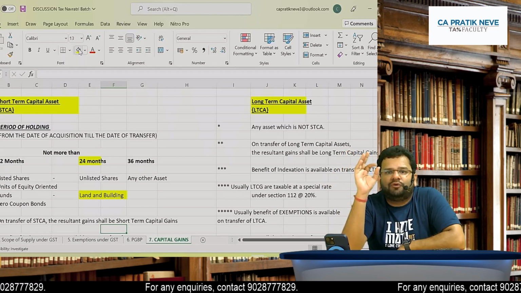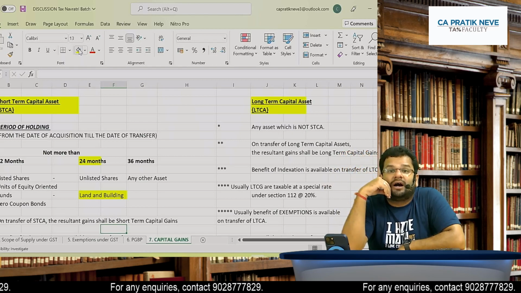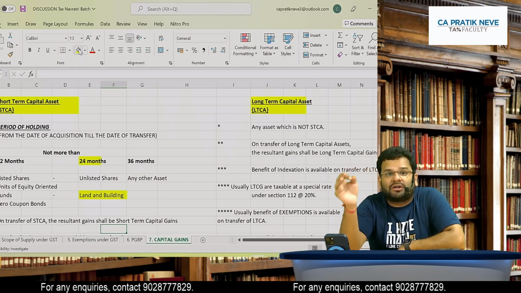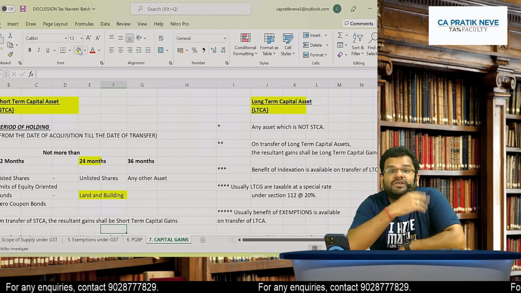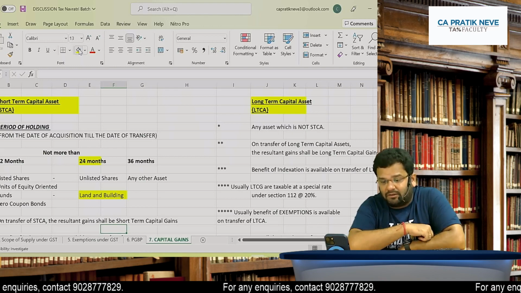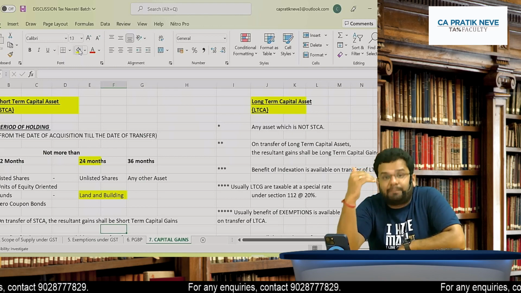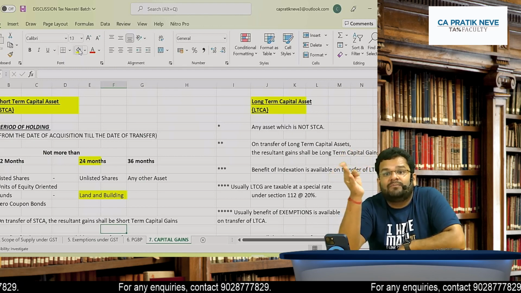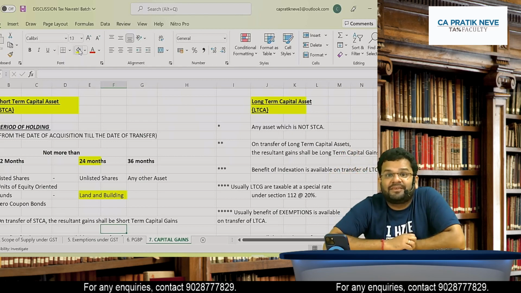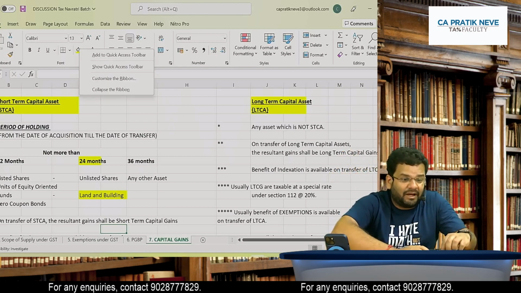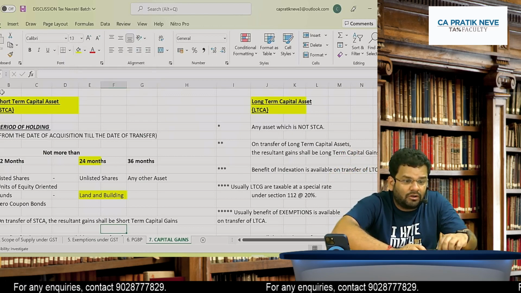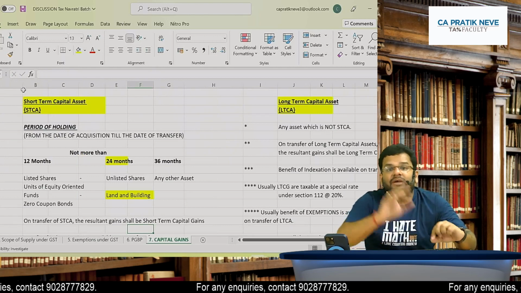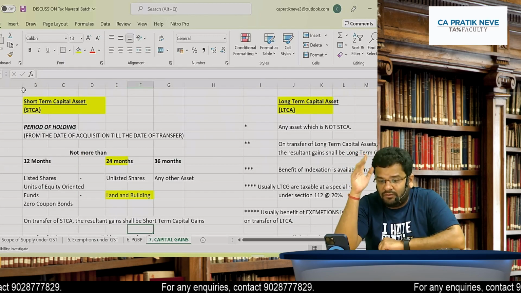Before going to the short term, long term bifurcation, I would like one of you to tell me which is beneficial from an income tax perspective, short term gain or long term capital gain. Wonderful. Long term capital gain is beneficial. Now why is long term capital gain beneficial in comparison to short term? Because in long term, mind you friends, you get the benefit of indexation. Agreed? Wonderful.